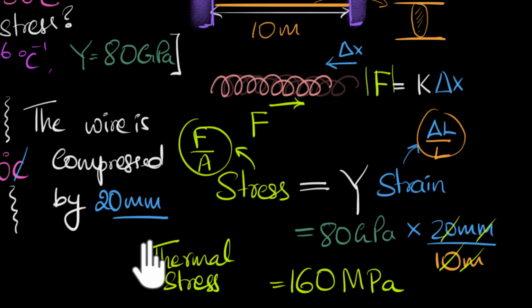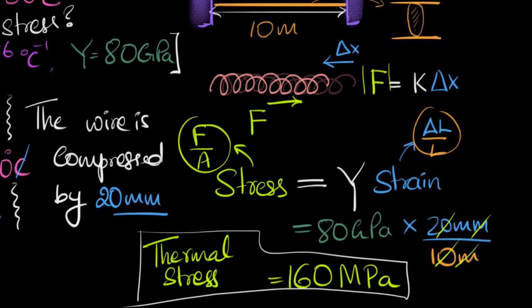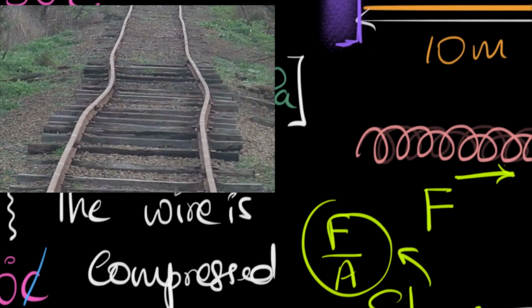generated in this scenario. Now, the effect of the thermal stress can be seen in this picture. So notice over here, due to the thermal stress, the railway track has buckled. Now you may be wondering, where is the wall to restrict the expansion over here?